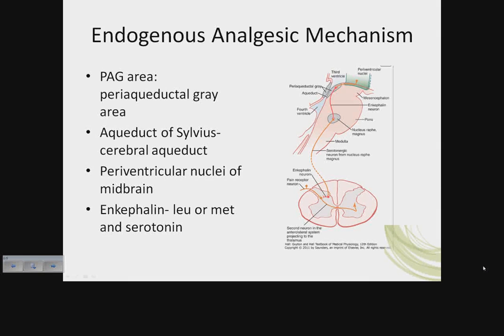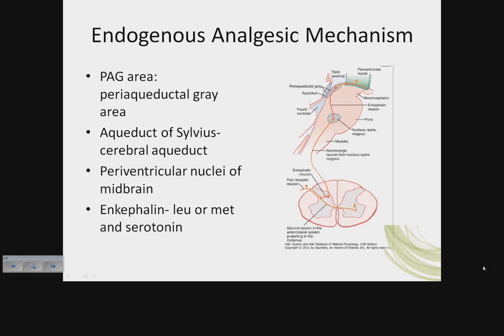And that's what I mean by the pain inhibitory complex. So we need these three regions. Now, through studies, we know that the analgesia signals can block pain before it is relayed to the brain. And it's blocking pain through that enkephalin neuron.